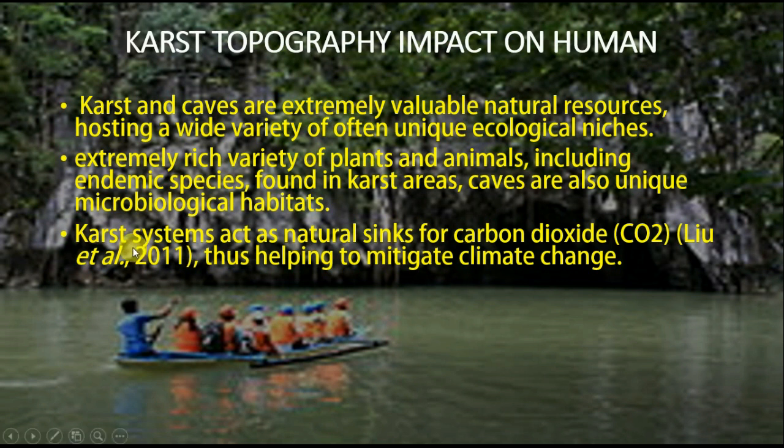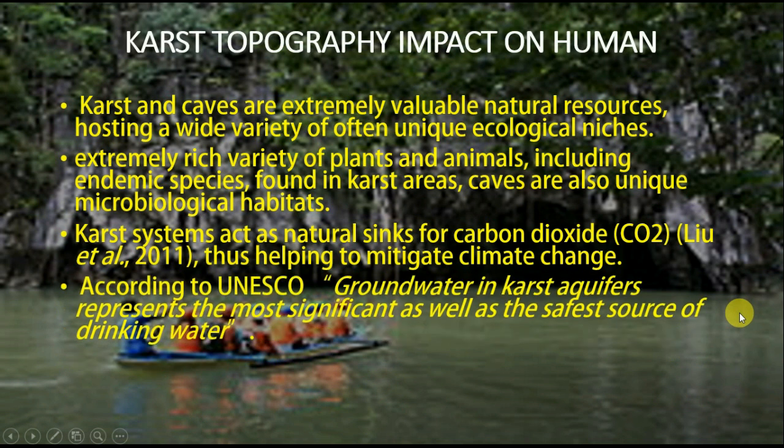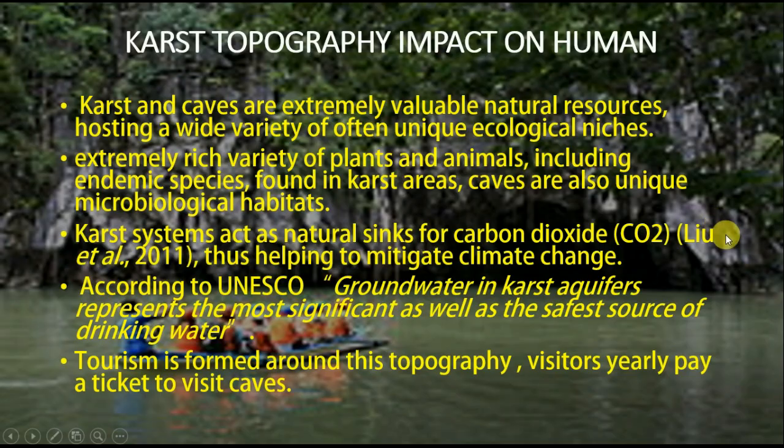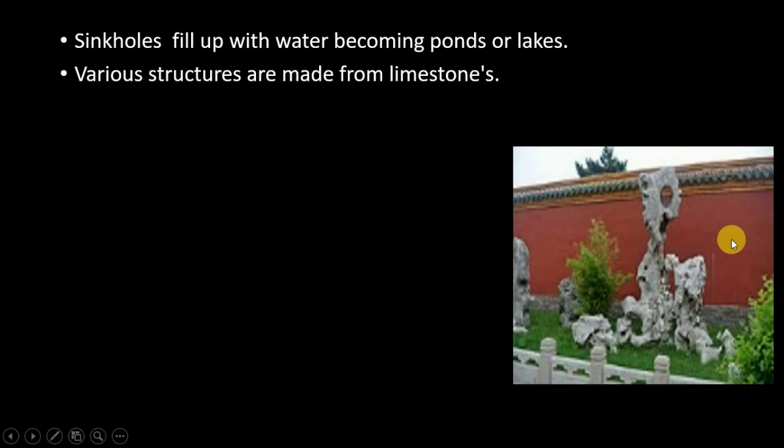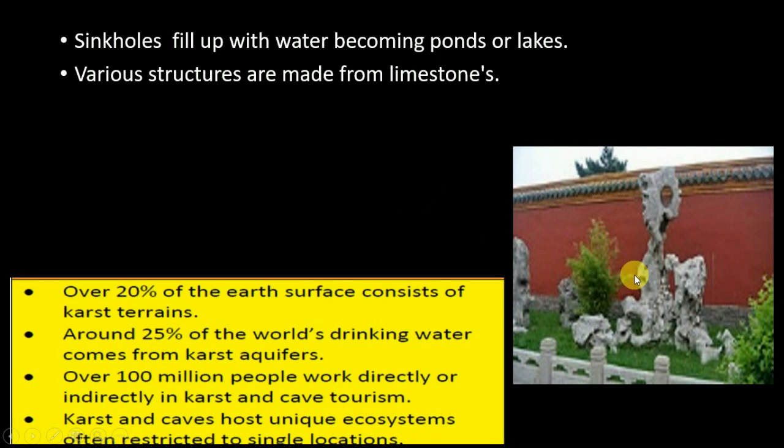This is a huge thing that karst topography does. According to UNESCO, groundwater in karst aquifers represents one of the most significant as well as the safest sources of drinking water. It also attracts tourism in this area. Sinkholes fill up with water and become ponds or lakes that humans use. Various structures are made from limestone, as you can see in these pictures.